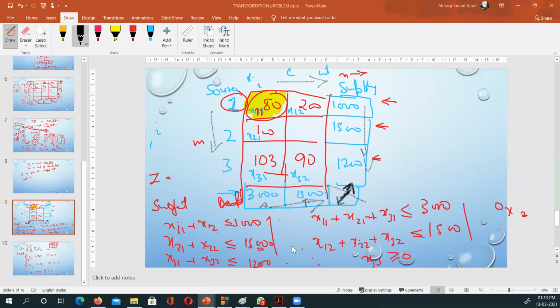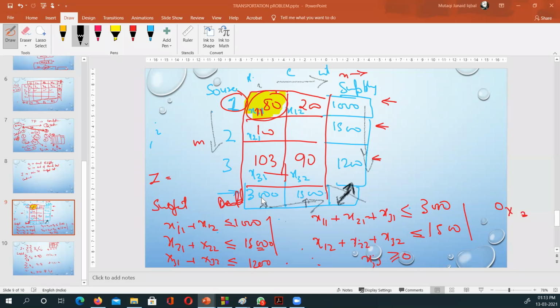Okay. So what will be the demand constraint for column number 1? X of 1 plus X of 2 plus X of 3 should be less than or equal to 3000, right? Yes, it should be less than or equal to 3000.